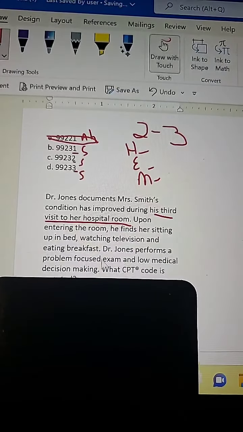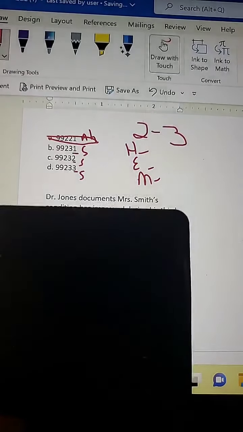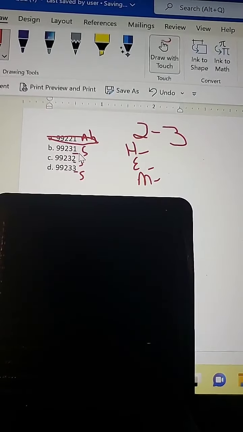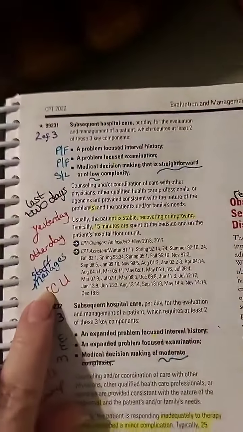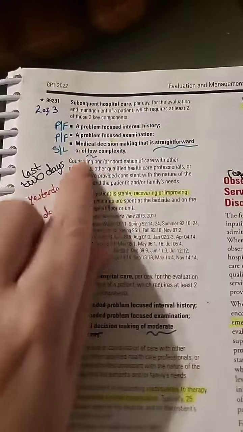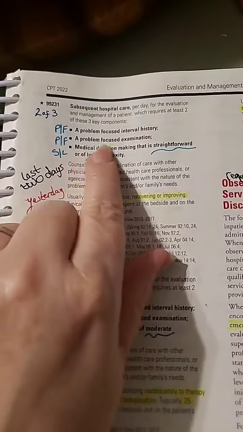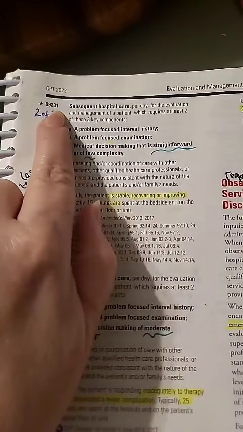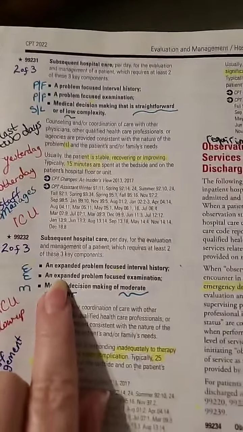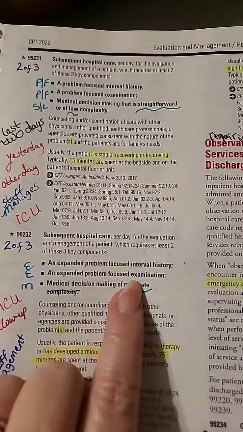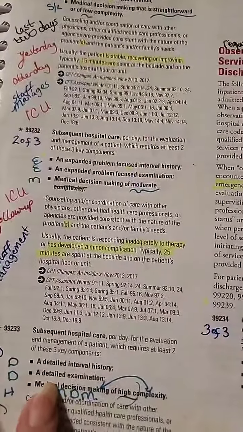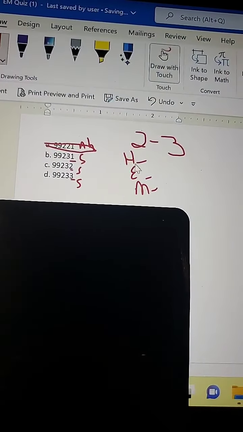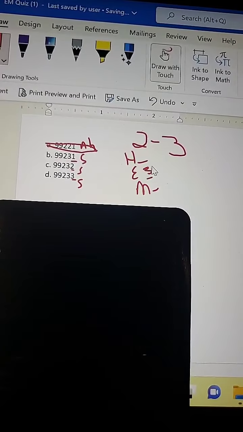So let's see. We did a problem-focused exam, which if I go look at these and go find the one that says problem-focused exam, it matches with the 3-1. Because our 3-2 is expanded problem-focused exam, and then our 3-3 is detailed exam. So we have to pick this one, 31. So our exam is a 31.